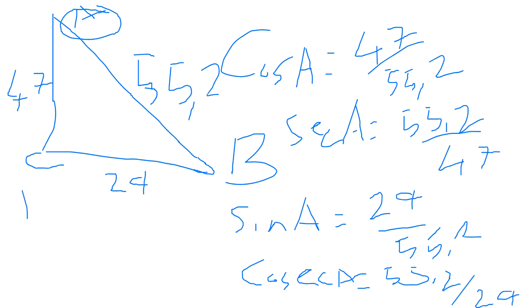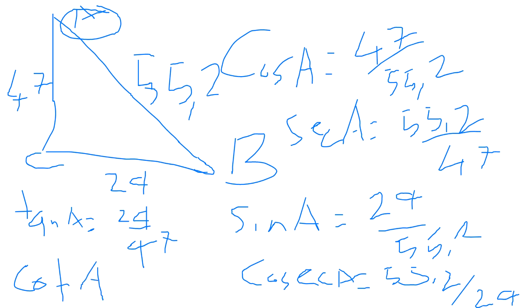Then tan A will be opposite over adjacent, which will be 29 over 47. And cot A, which is the reciprocal, will be 47 over 29.